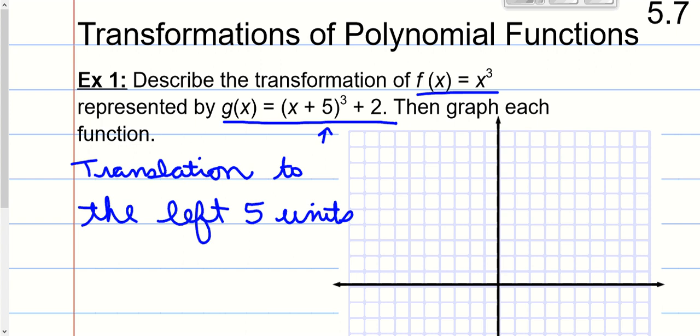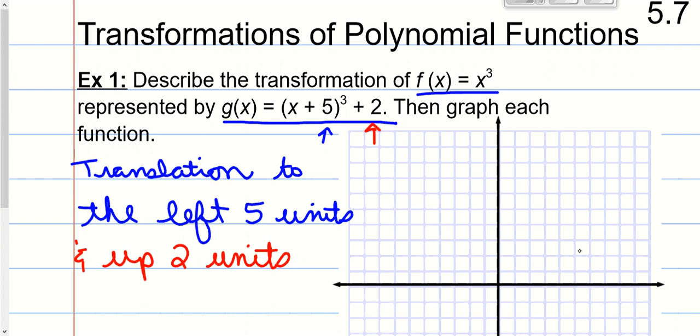And then we have our plus 2 on the end. The plus 2 tells me it's going to go up. And it's also a translation, so I'm just going to put and up 2 units.